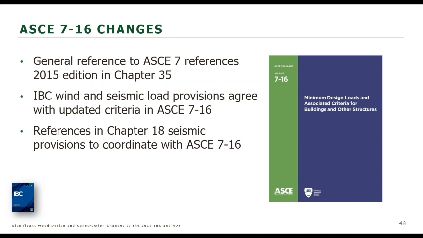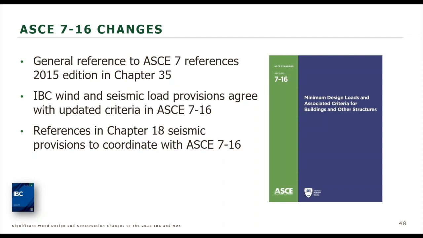So what we see is ASCE 7-16. General references are in chapter 35. And while this was being developed, we have some wind designs and seismic designs that have been updated in ASCE 7-16.